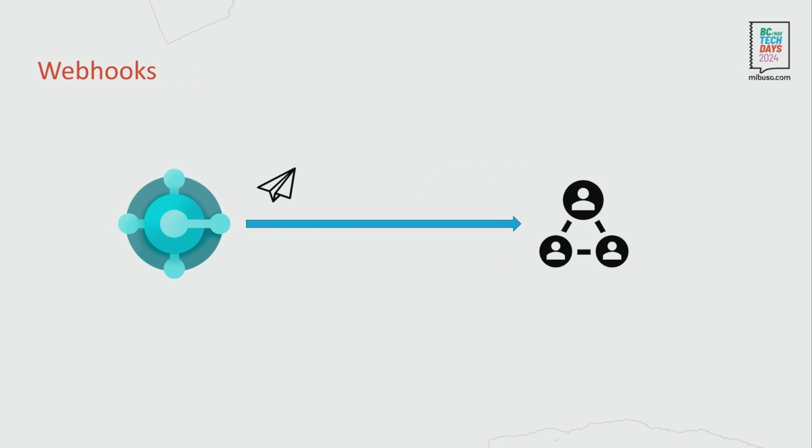Then with webhooks, basically, this is a mechanism, in Business Central or in any other solution, to notify an external system about some data changes. That means instead of polling, Business Central will just send a push notification to the external system, saying this data is changed.